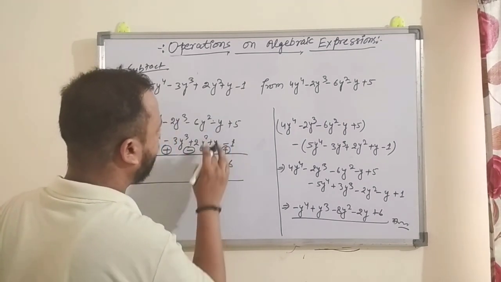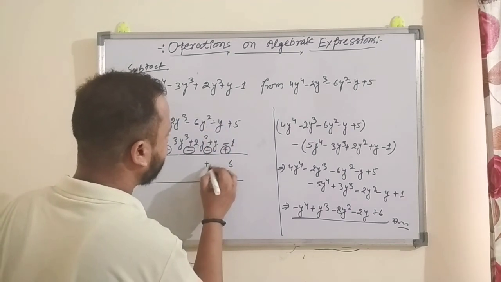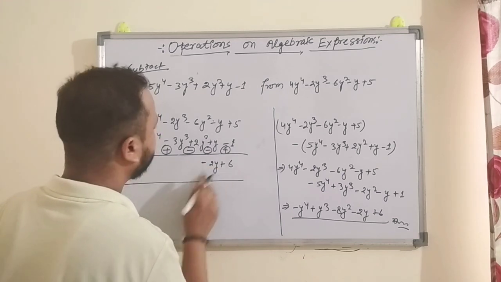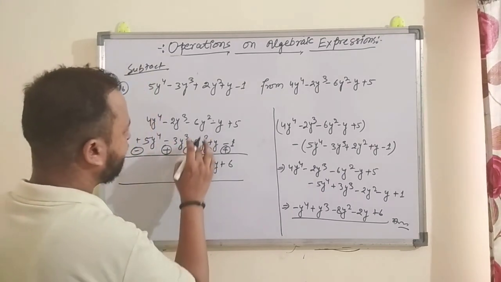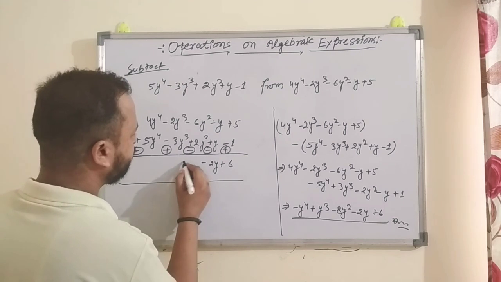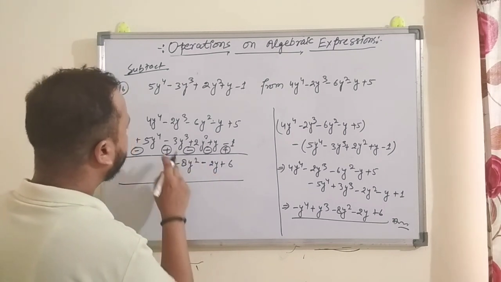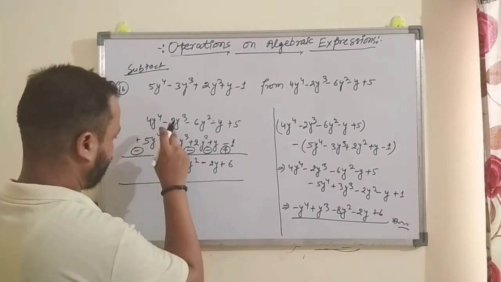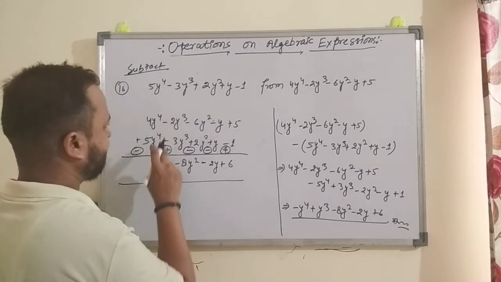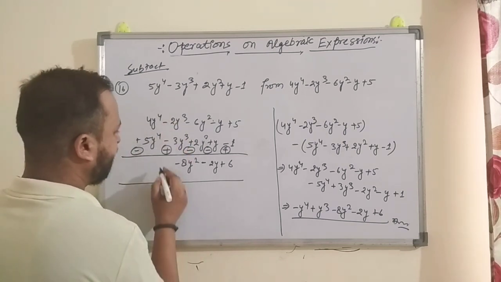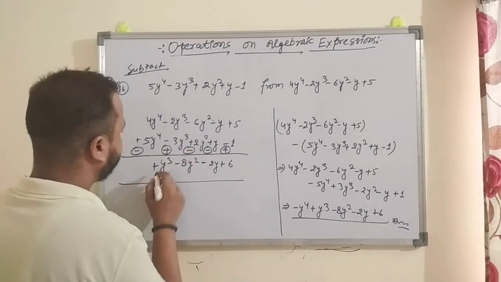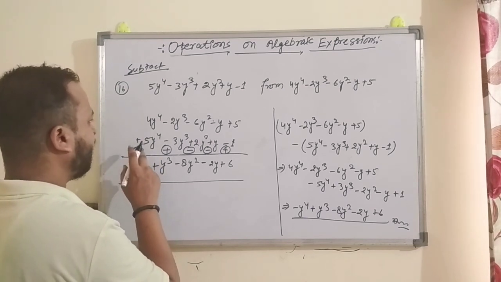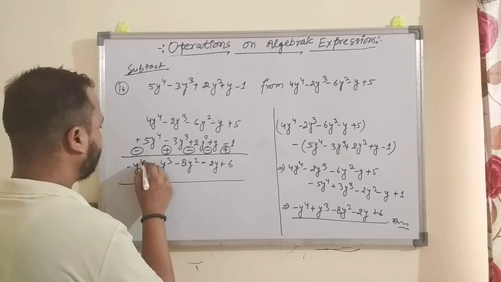Y and y, they both have negative signs, so minus 2y. And here minus 2y square minus 6y square, so minus 8y square. Now here 3y cube has plus sign and 2y cube has negative sign, so y cube with positive sign, and here 5y power 4 has minus sign, so minus y power 4.